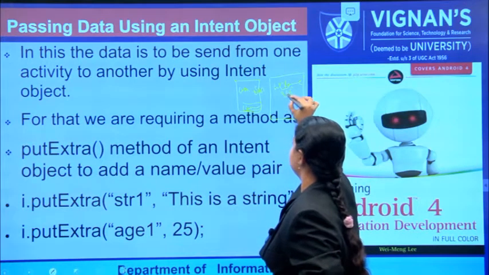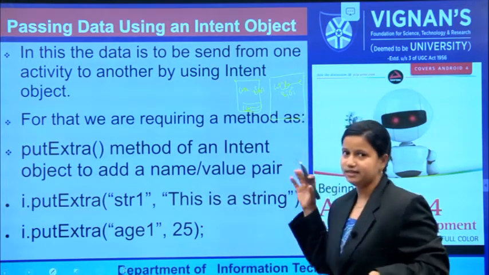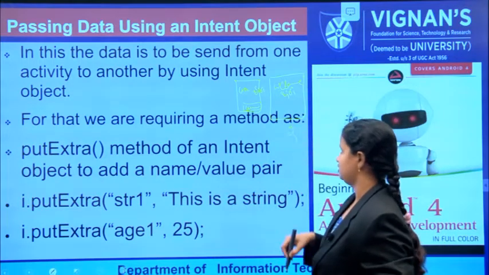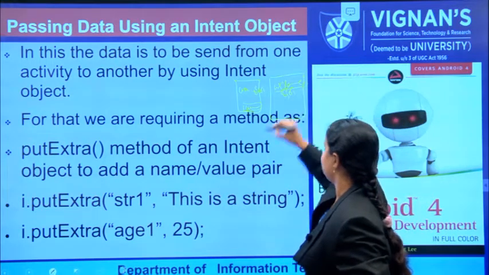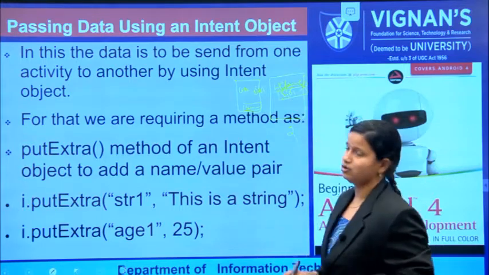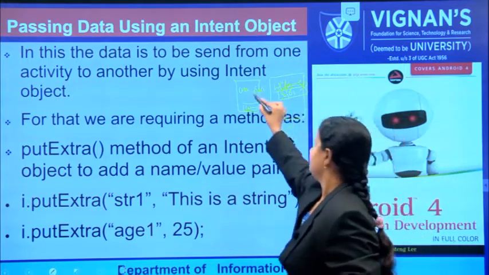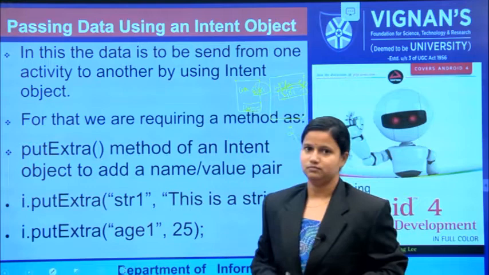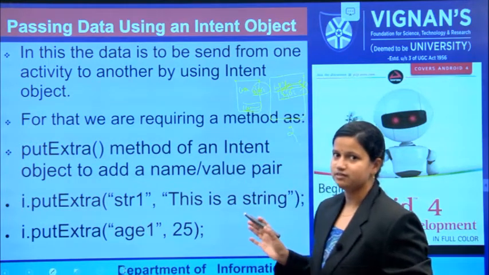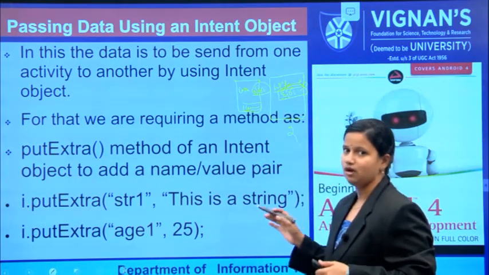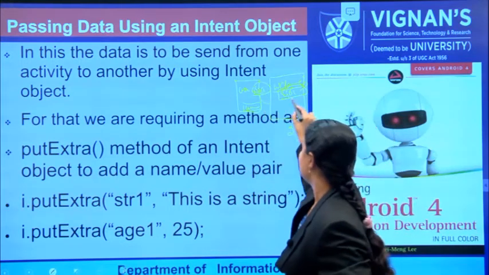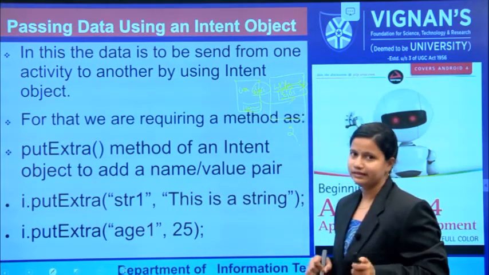The heading or first statement in that second activity is a welcome message along with the username you specified in the first activity. How is it possible to pass the information from one activity to another?